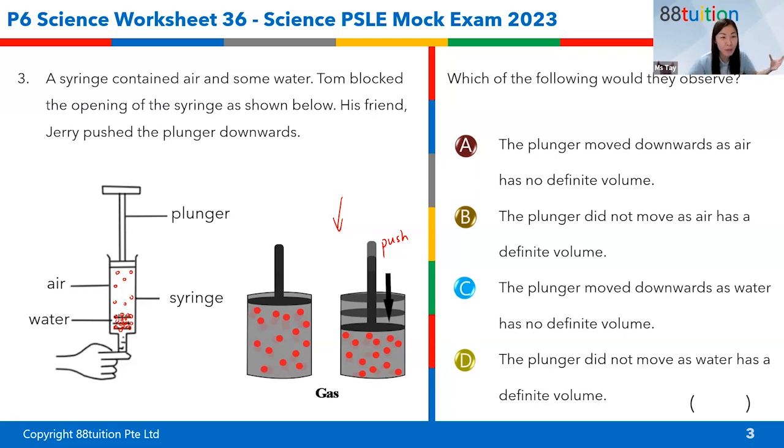You will spread out. You will occupy all the space given to you. That is the thing. Yes, Brian. You all behave like gases. That's true. So if I were to force you to go into an even smaller room, you will still want to maximize the space, right? You're not going to huddle and hug each other like the penguins do. No. So that is how gas will behave.